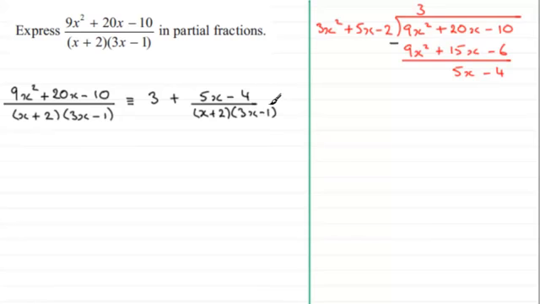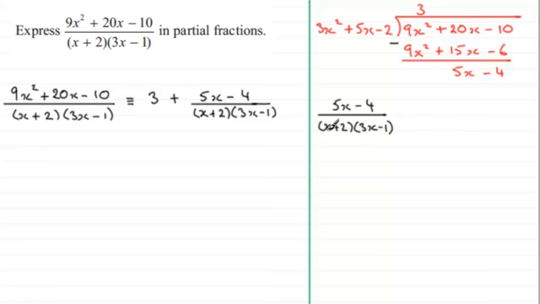So it's this part here which we now work on, splitting this into partial fractions. So what I'll do is we'll just do it over here. We've got 5x minus 4, all divided by x plus 2 multiplied by 3x minus 1. And when you get something like this, it's not top heavy anymore.